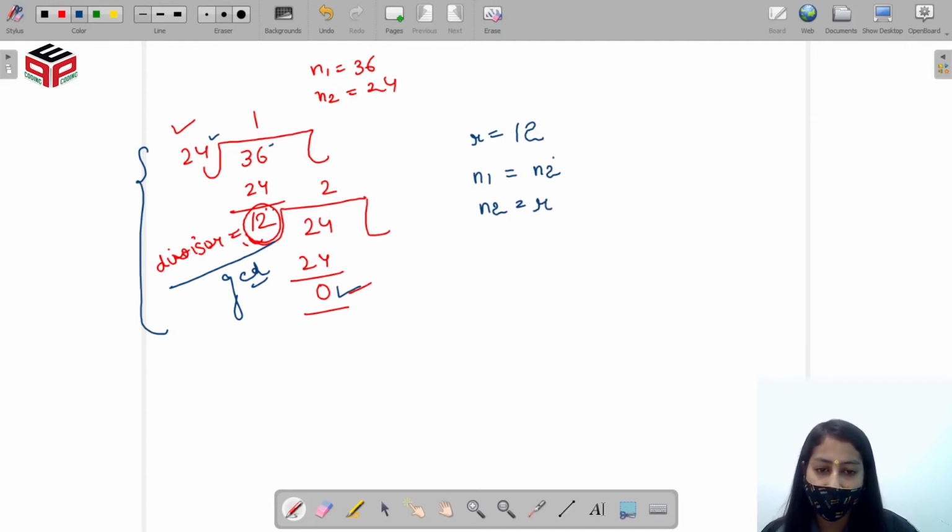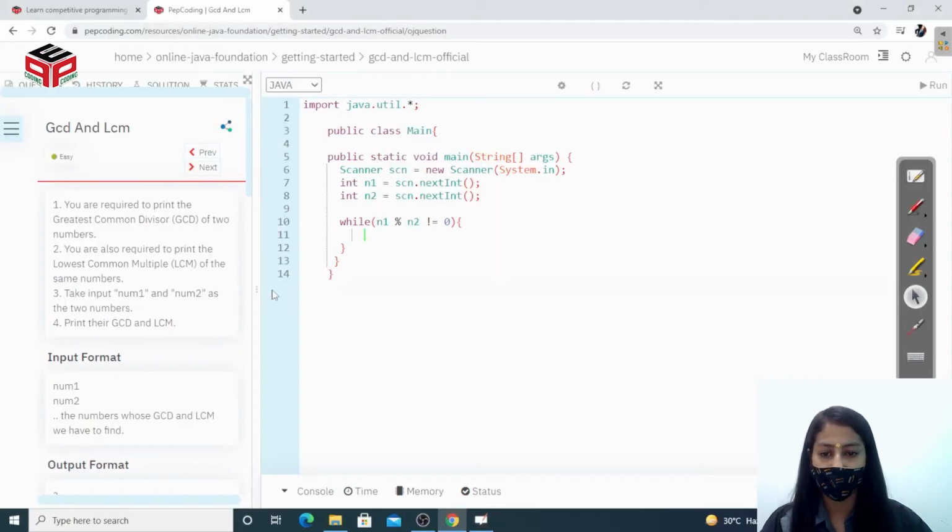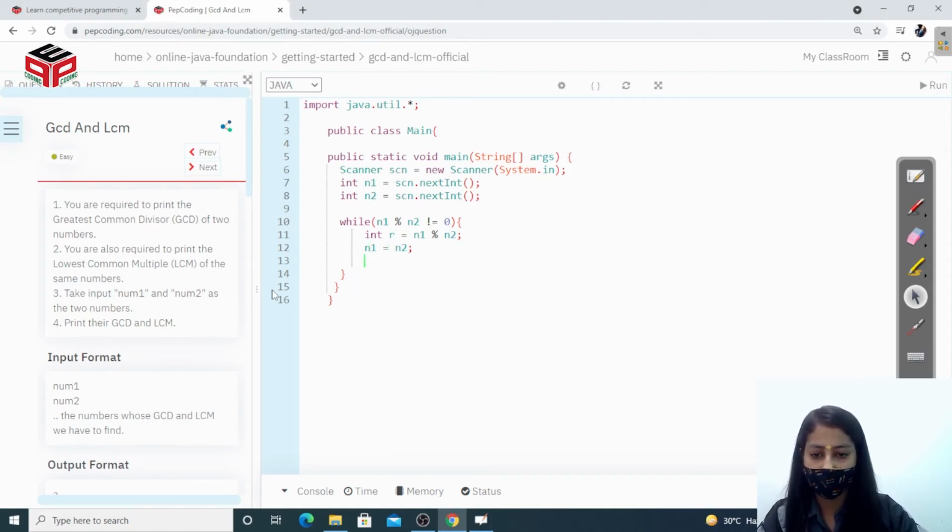So our dividend is now 24 and our divisor is 12, that is the remainder, right? Our dividend is now the old divisor, and the divisor in the next division will be the remainder, right?